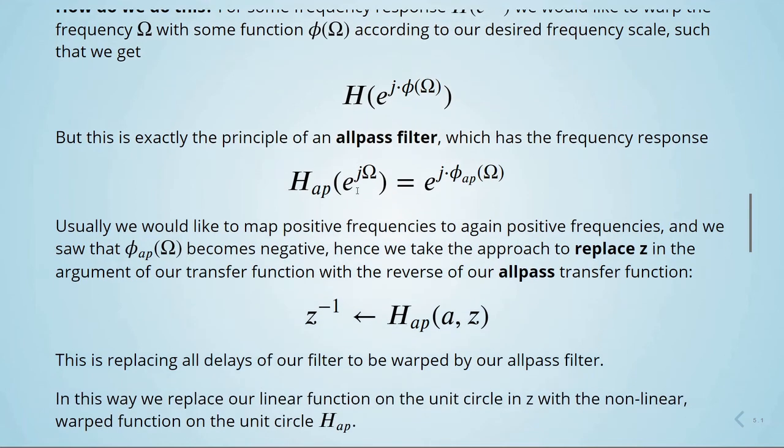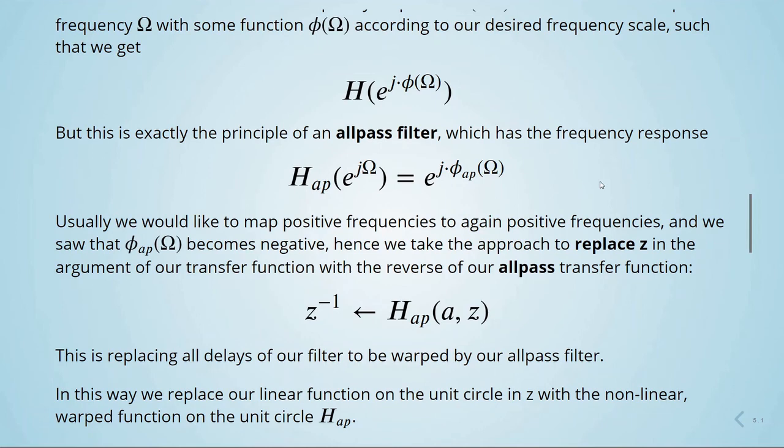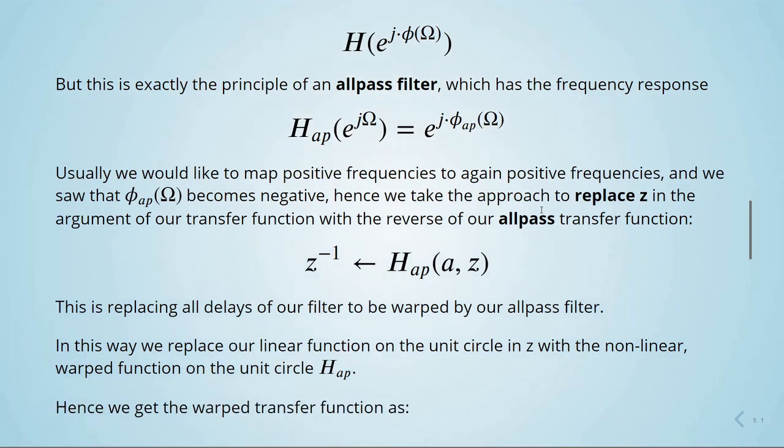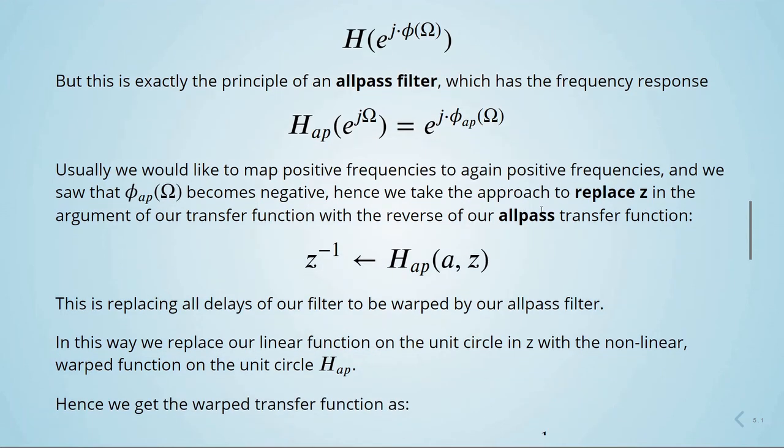Usually we would like to map positive frequencies to positive frequencies again, but we saw that the function of the frequency capital omega in the phase of the Allpass becomes negative. So we need to replace z in the argument of our transfer function with the reverse of our Allpass transfer function.